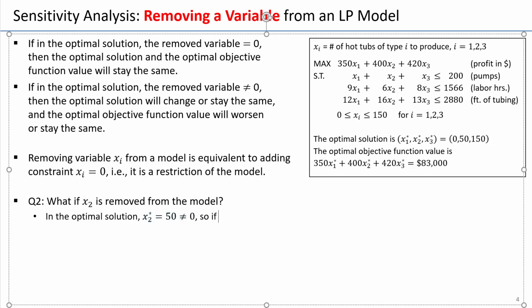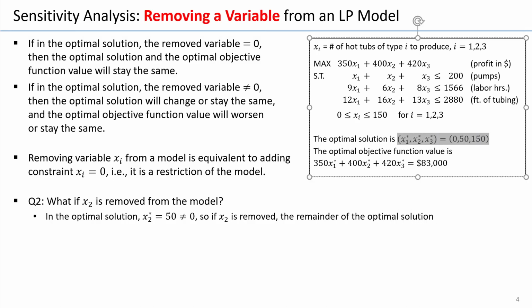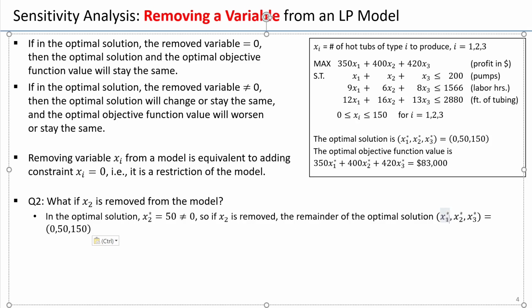So if x2 is removed, the remainder of the optimal solution, the part that remains, which will be x1, x3 equal to 0 and 150, might change, might no longer be optimal, although it could still be optimal.